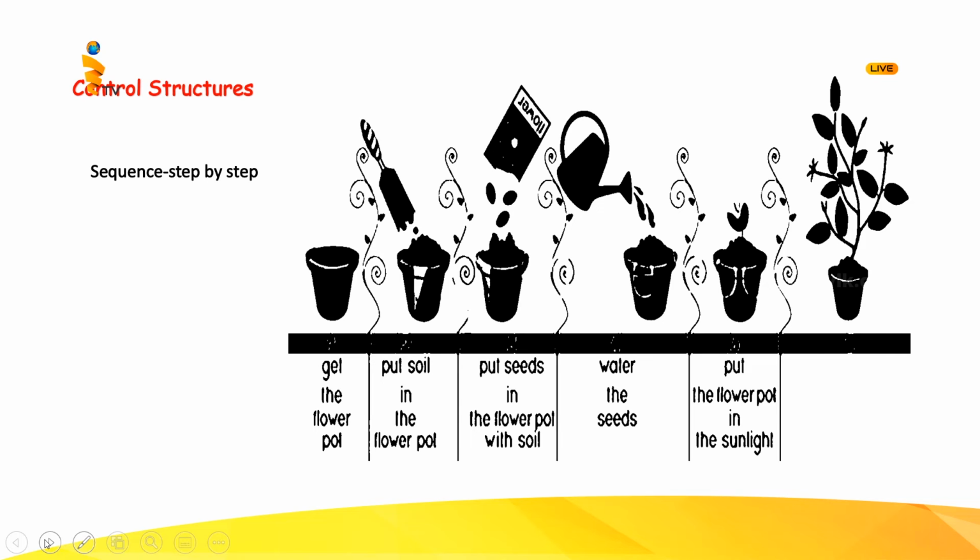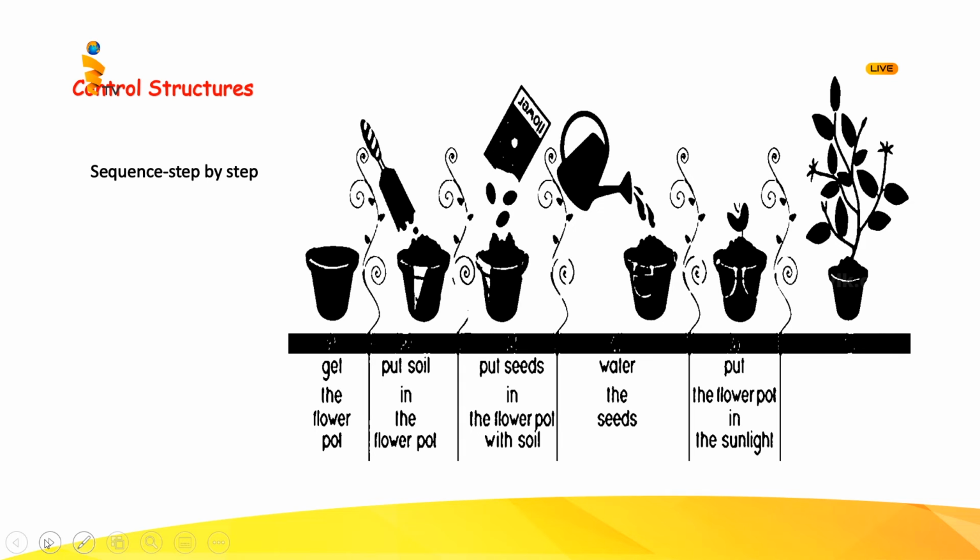After some time, there will be a tiny plant, and after some time you will have a plant with some flowers. So analyze these steps. First, the order is very important. You can't just have a flower pot with a flowering plant at the beginning.